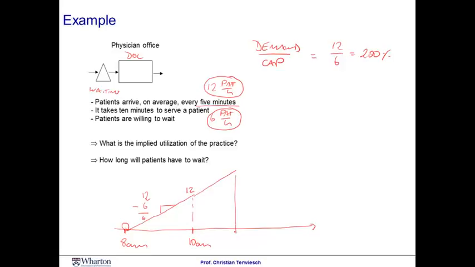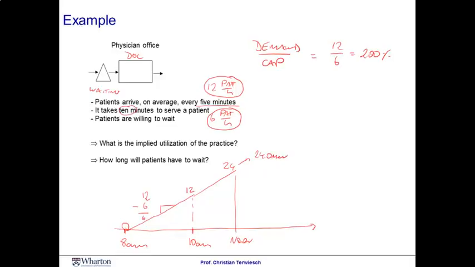At noon, I've been operating for 4 hours at a capacity shortfall of 6, and I will have 24 patients in the waiting room. So the person who comes in here at noon has 24 patients in front of him or her. Every one of them will take 10 minutes, and so the waiting time will be a total of 240 minutes. Quite a long time.